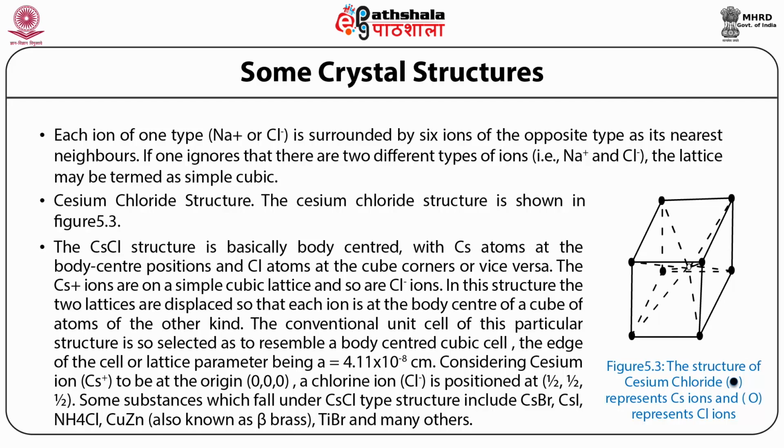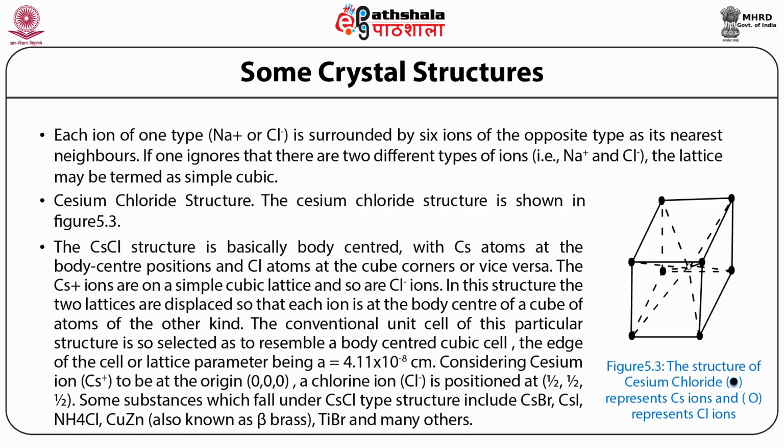The Cs+ ions are on a simple cubic lattice and so are Cl- ions. In this structure, the two lattices are displaced so that each ion is at the body center of a cube of atoms of the other kind.